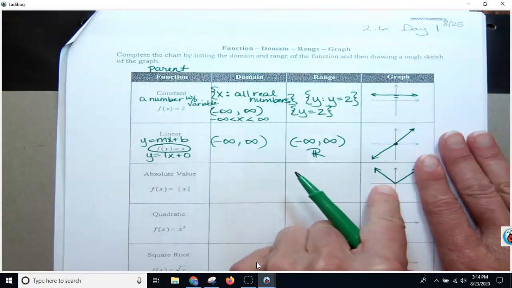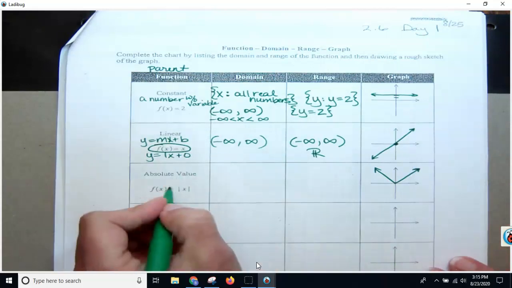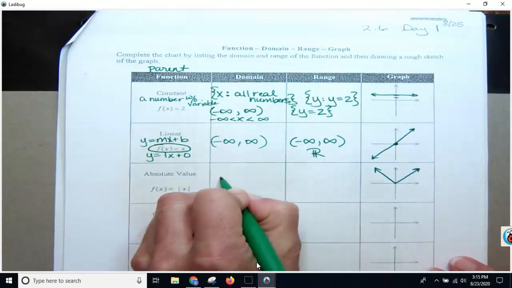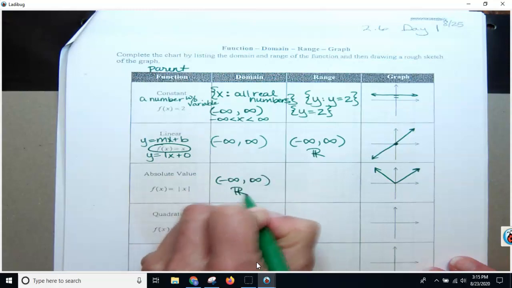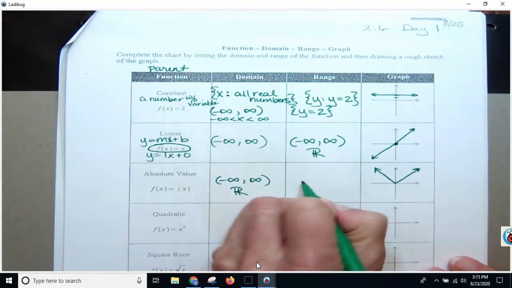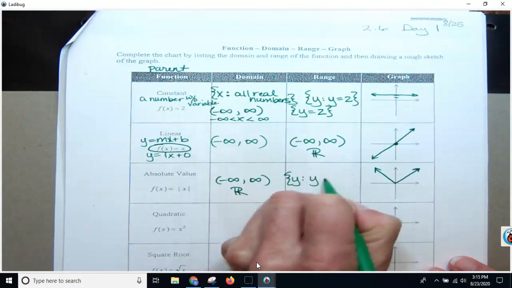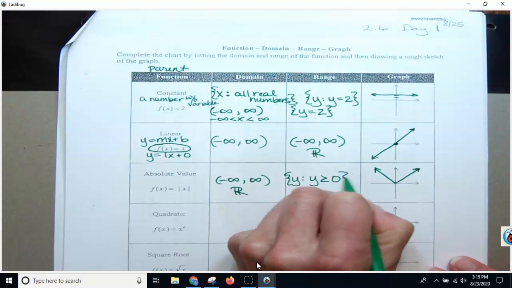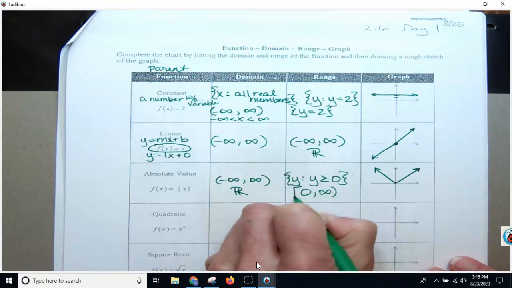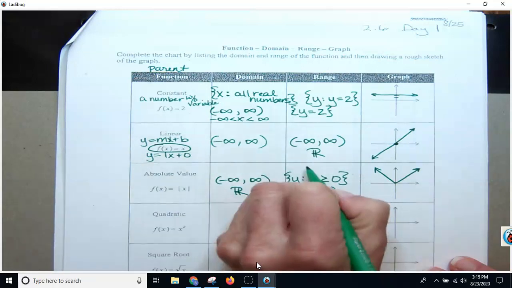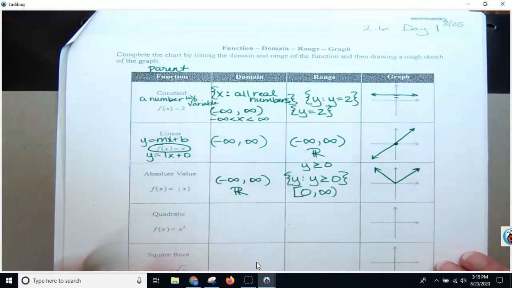As x gets negative, the y becomes positive. So in this case, your domain, again, is all real numbers, or negative infinity to positive infinity. Your range, however, is going to be the set of numbers where y is greater than or equal to 0. Make sure you include your 0, or you can write it as y is greater than or equal to 0.